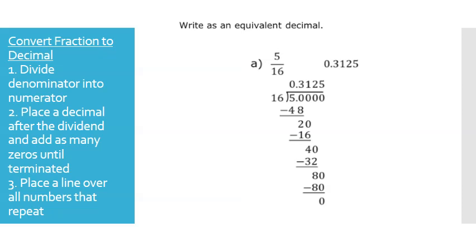When 5 becomes the dividend, since 16 does not go into 5, what we're going to do is add zeros to the end of it. But if you remember, all whole numbers have a decimal point at the end of it. We don't actually say that or write that formally, but in reality that's what is happening. So since 5 is a whole number, the decimal point is going to go after that.